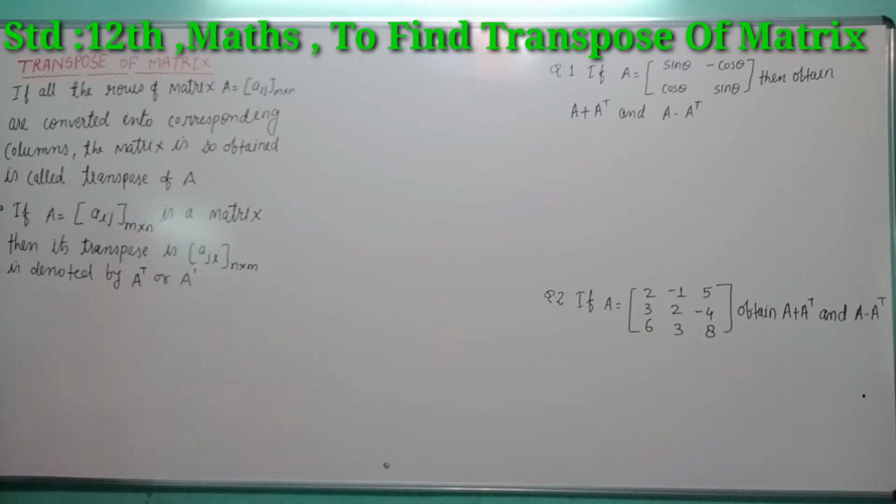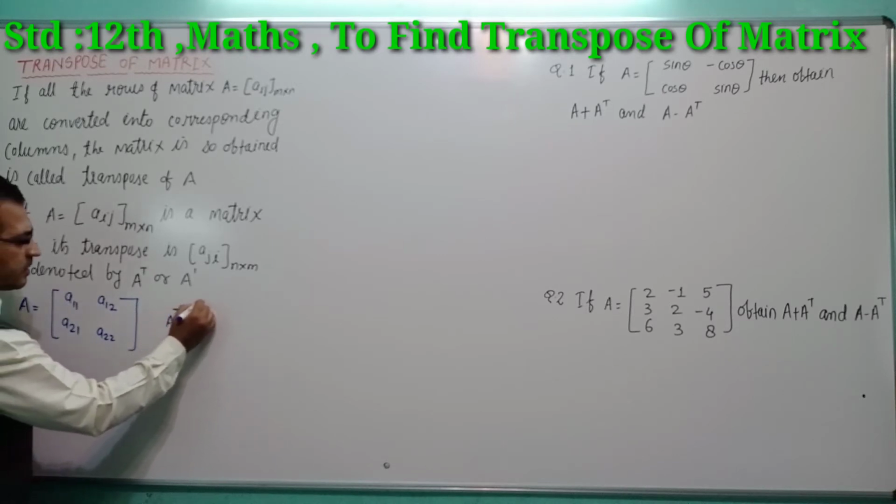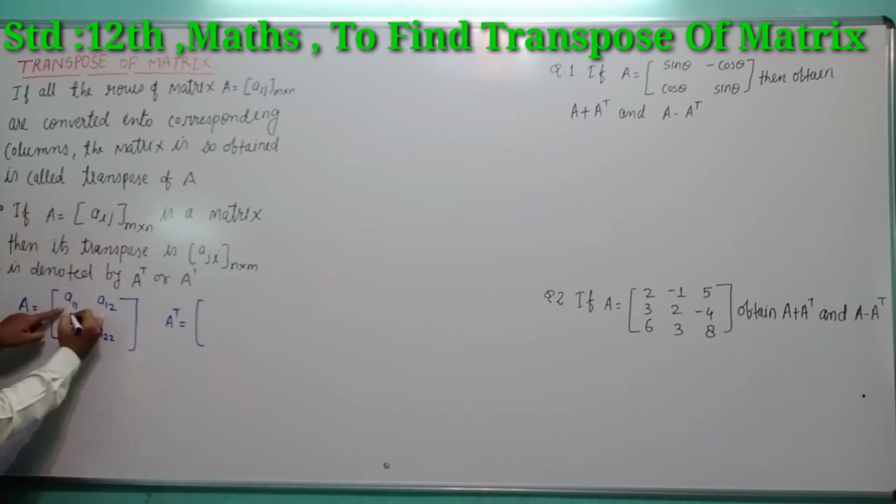Let us see with example over here. Let us consider a matrix A having elements A11, A12, A21, A22, right students? So what can we say about the transpose of this matrix? Now row will be converted into column and column will be converted into row.